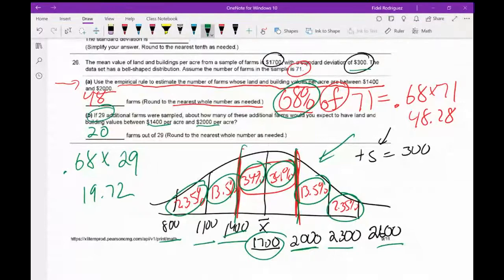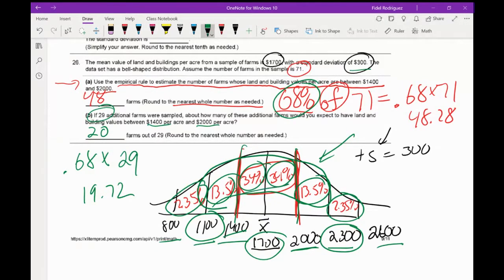My point is that tomorrow you could have the same question, and instead of between 1,400 and 2,000, suppose it said between 1,100 and 2,300. So what you would do is you'd say, I've got to take these percentages here and add them up.